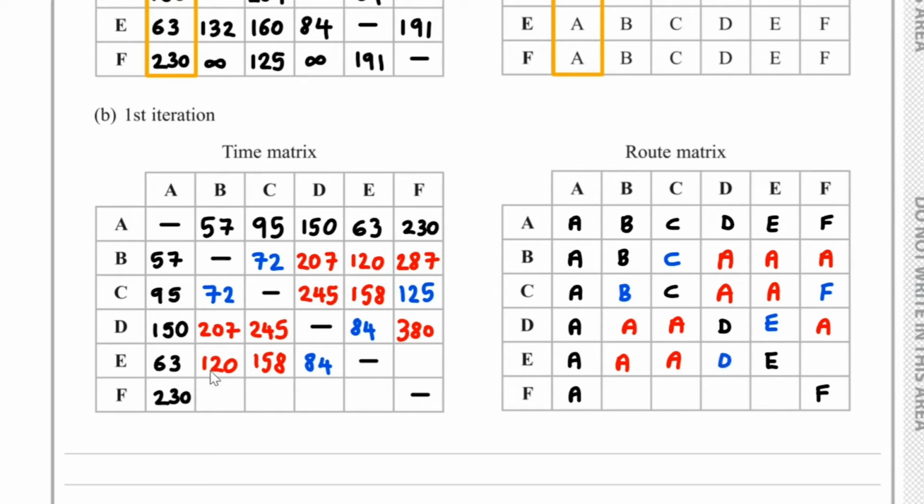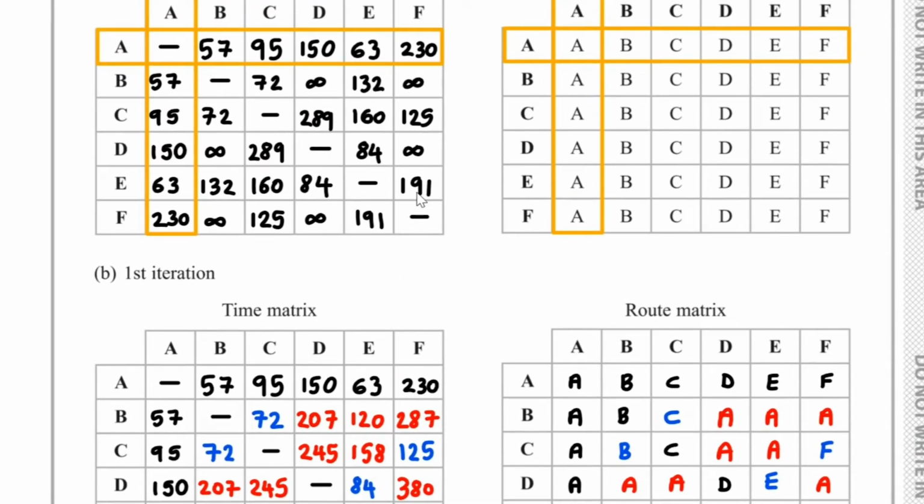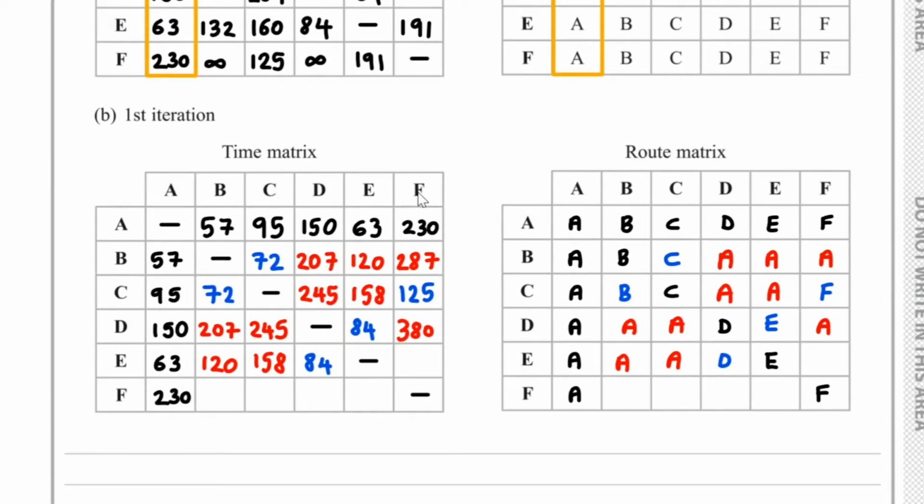Now here we compare 191 with the sum of 63 and 230. 191 is smaller, so the 191 remains unchanged, and the F here will also remain unchanged.